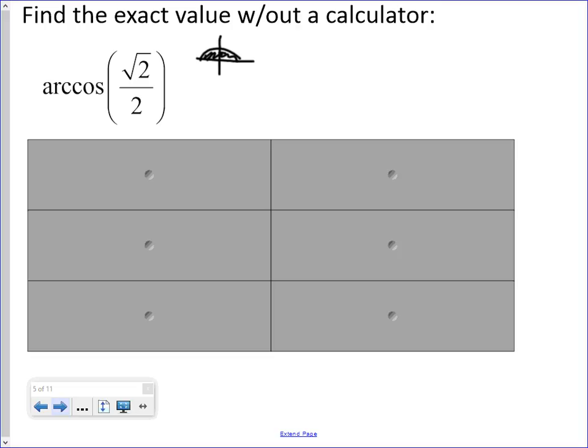If the ratio that I'm given is positive square root 2 over 2, then I must be in quadrant 1. And which angle has square root 2 over 2 in quadrant 1? Pi over 4. So without a calculator, I answer pi over 4. The other thing is that we default to radians, so our answers should be given in radians when we do inverse trig functions.